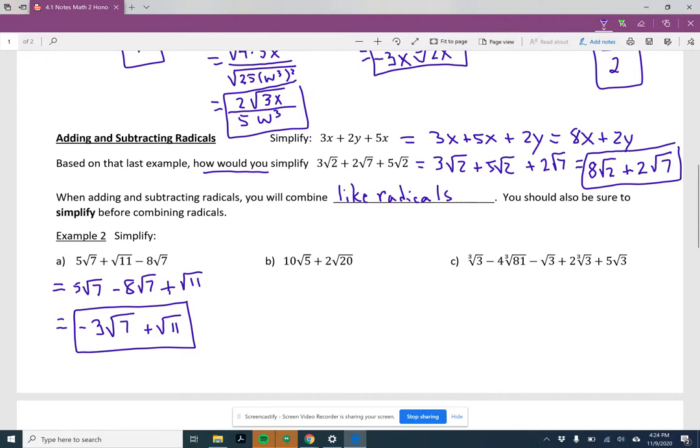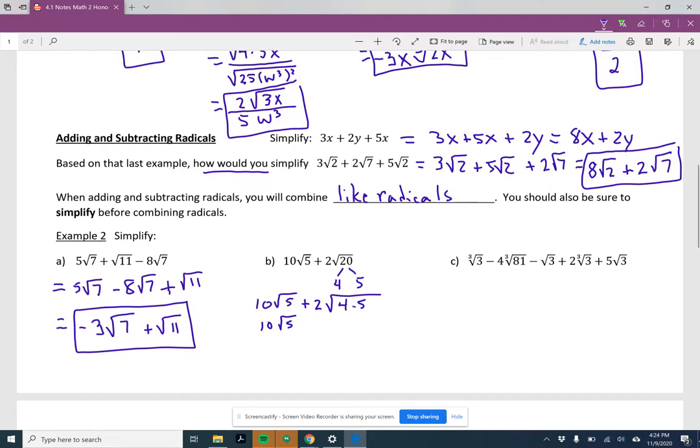Okay. Part B. 10 square roots of 5 plus 2 square roots of 20. Now, what I want you to notice when you look at this one is 20 is 4 times 5. So what we're going to do, we're going to make that 10 square roots of 5 plus 2 square roots of 4 times 5. The square root of 4 is 2, so there's a 2 coming out.